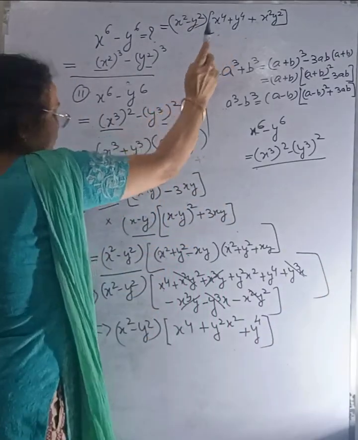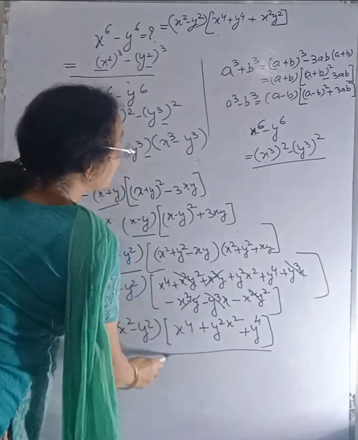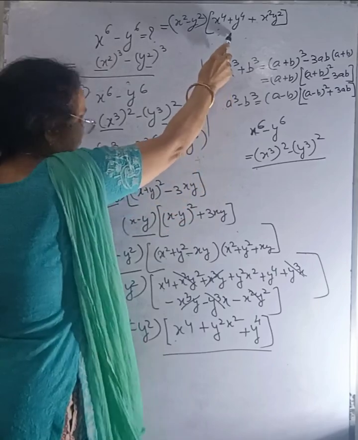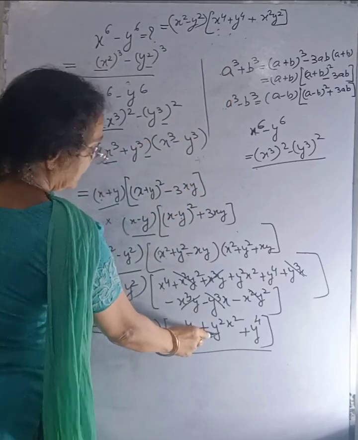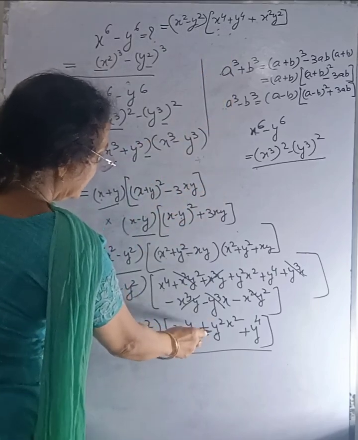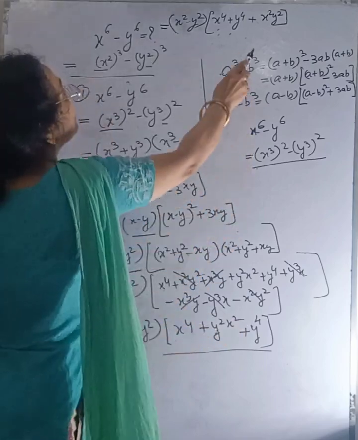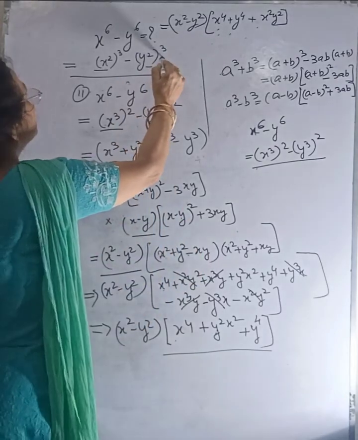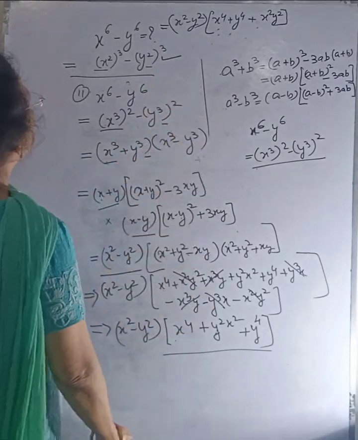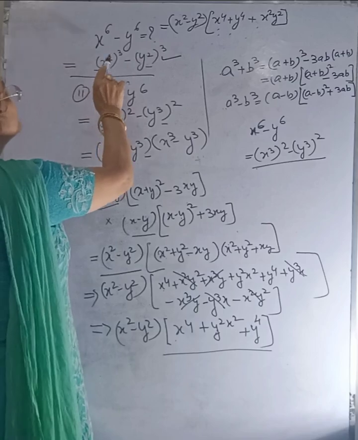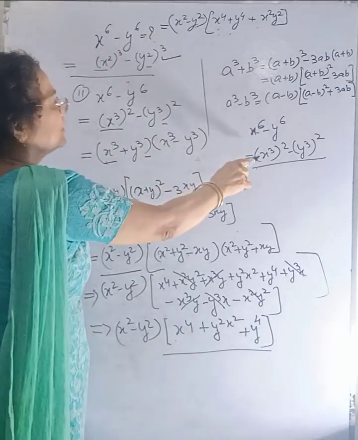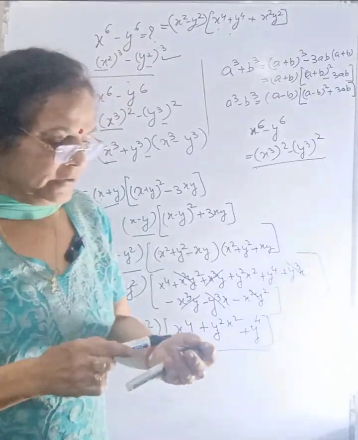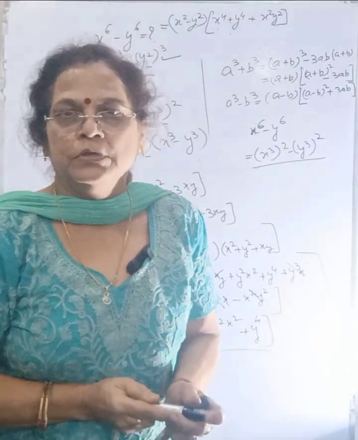Same answer as we got here: x to the 4, y to the power 4, plus x square y square. The answer is the same. So you can use either this method, squaring first then cubing, or you can use cubing first then squaring it. The answer will be the same, but the formulas should be known to you.